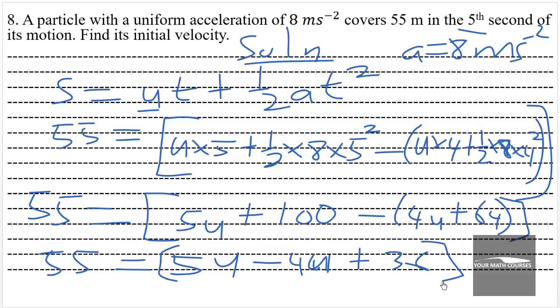So 5u minus 4u will give us u. So we get 55 minus 36 to be equal to u. 5u minus 4u is u. Therefore, the initial velocity will be equal to 19 meters per second.